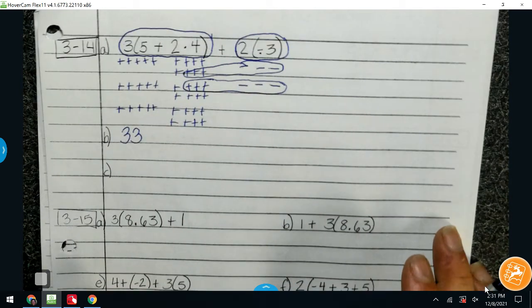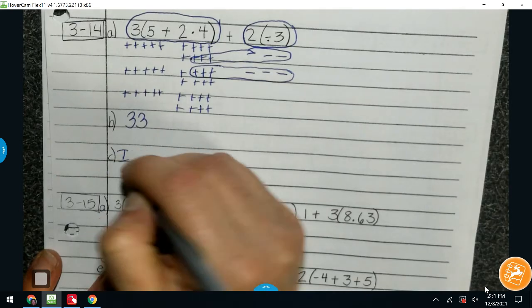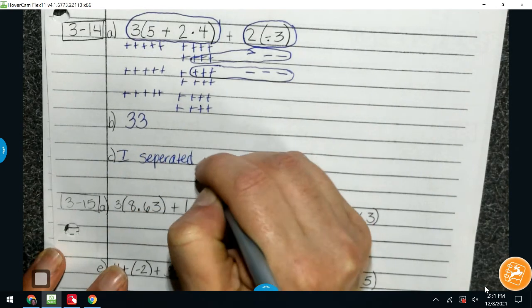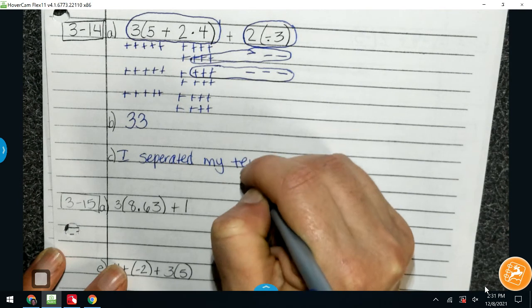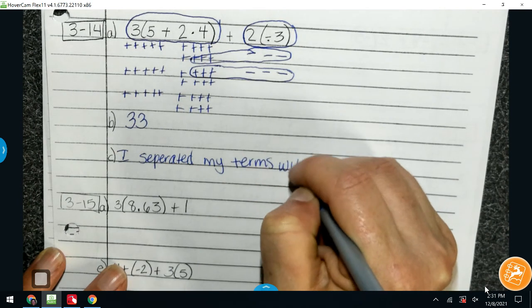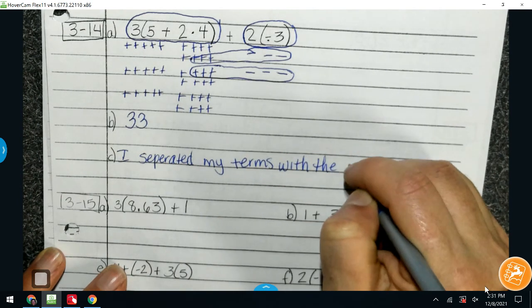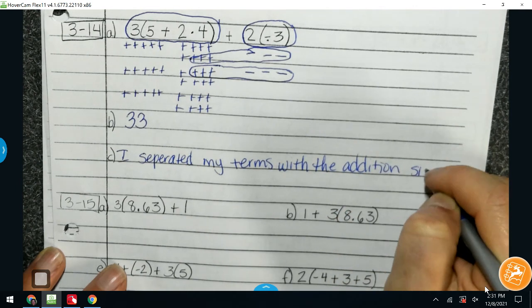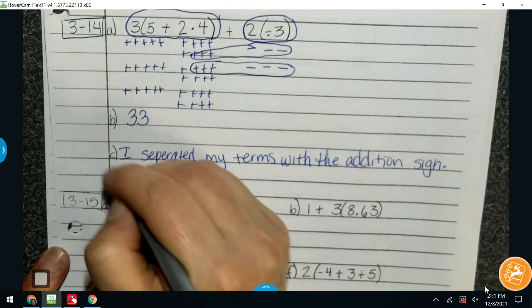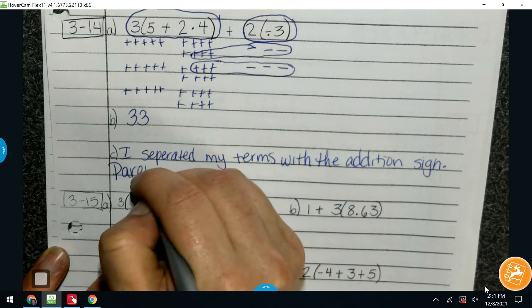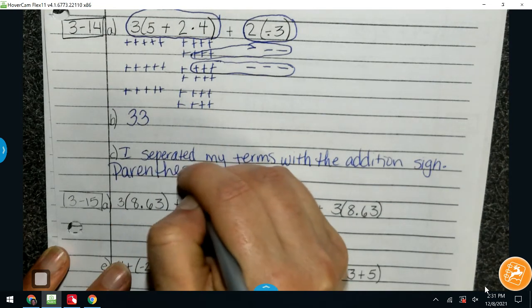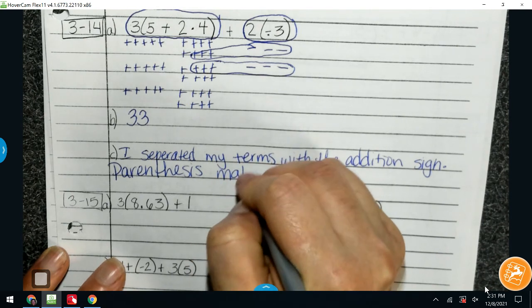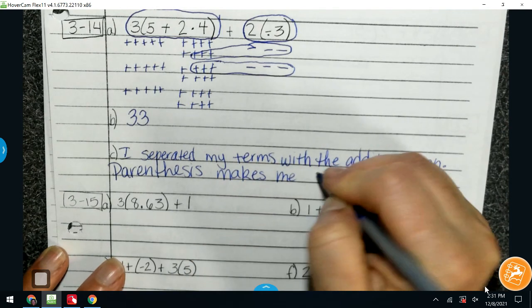So down at Charlie, I'm going to write, I separated my terms with the addition sign. Parentheses makes me break that rule.